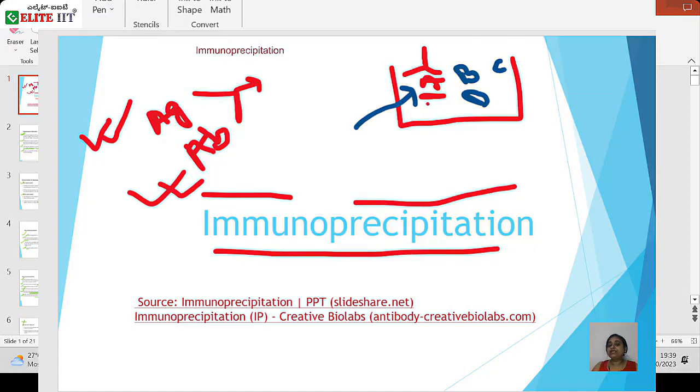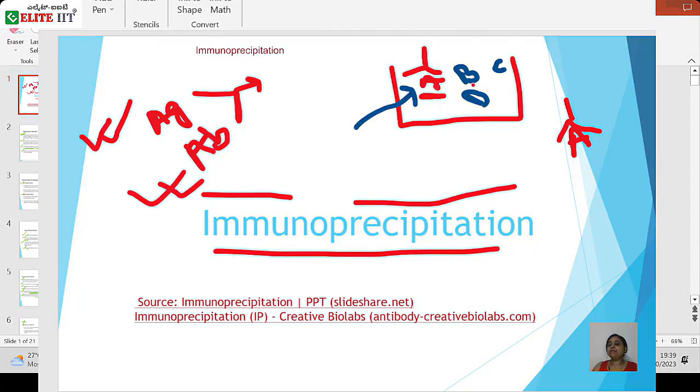Whenever you add a specific antibody, antigen-antibody interaction and binding will happen. So finally, this A will be precipitated with the specific antibody from the mixture.